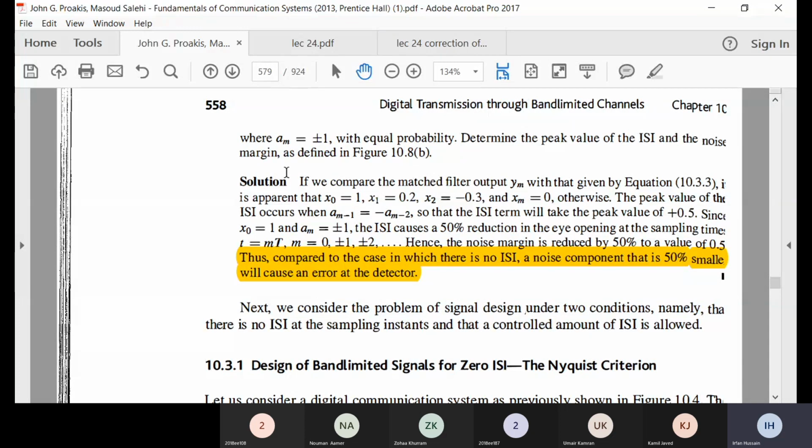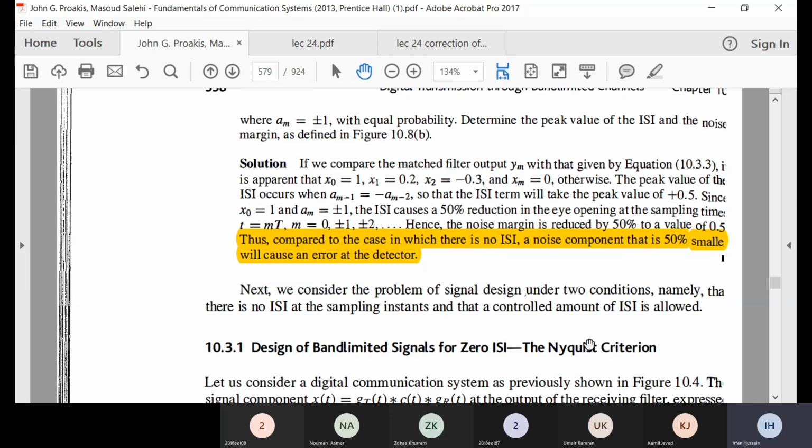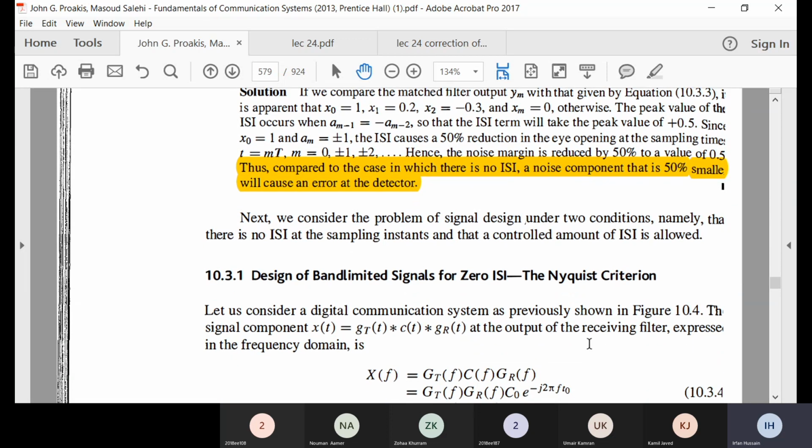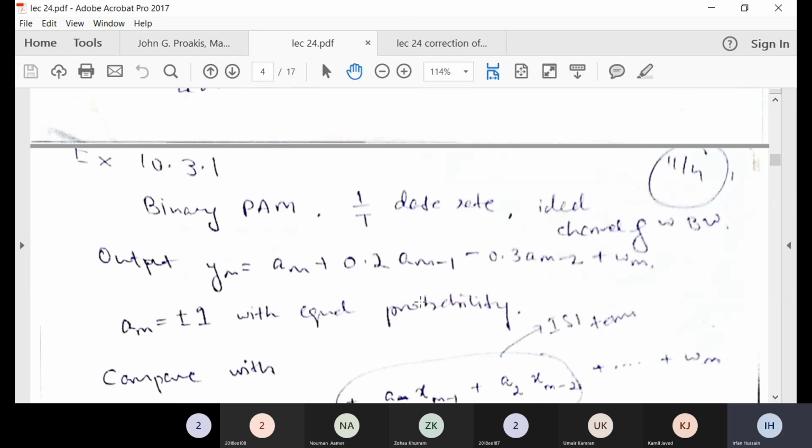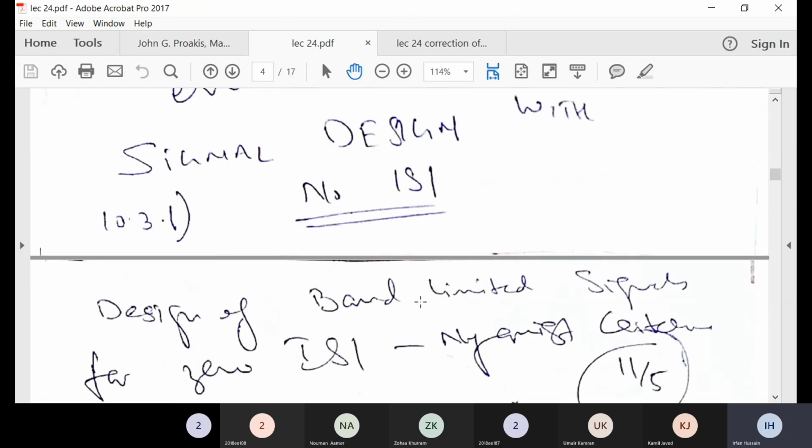One way is that we allow no ISI to occur, and the other is that we allow a controlled amount of ISI or intersymbol interference to occur. We go with the first design, the design of band limited signals for zero ISI. So we don't allow any ISI to exist.